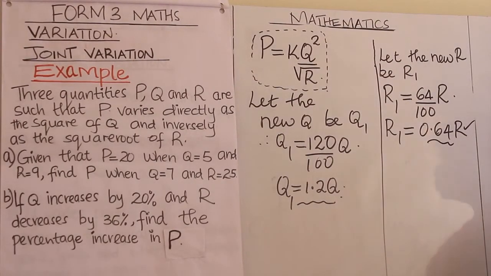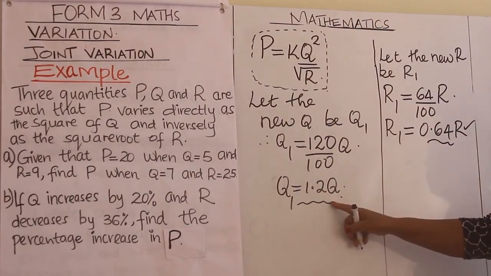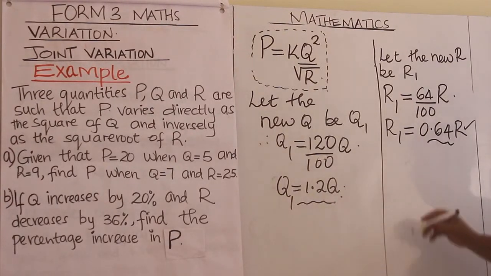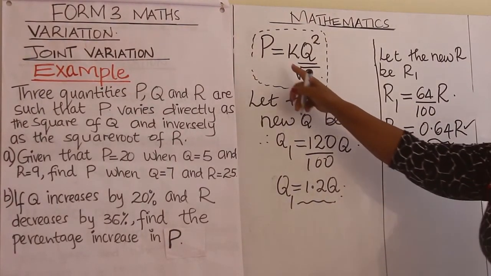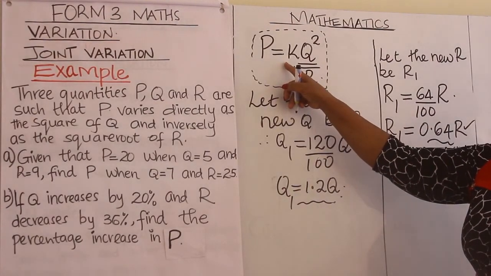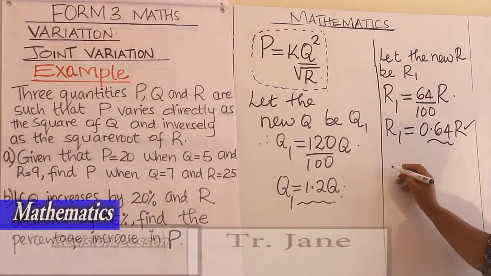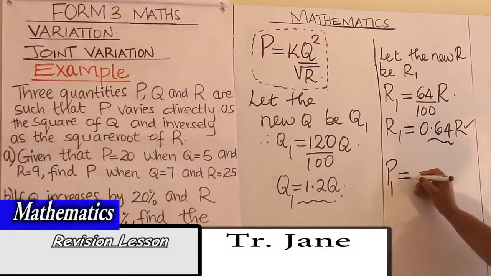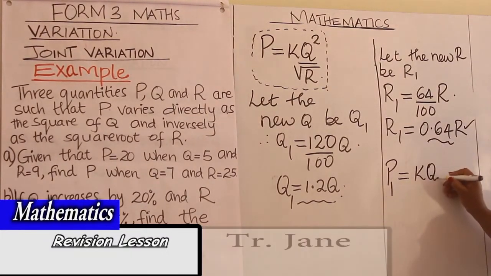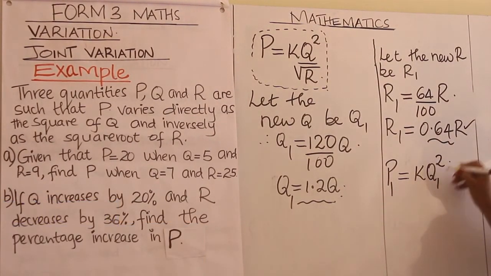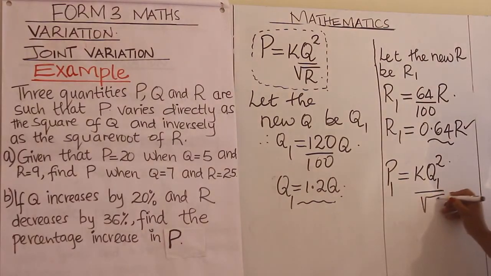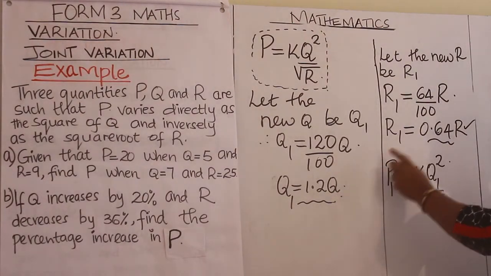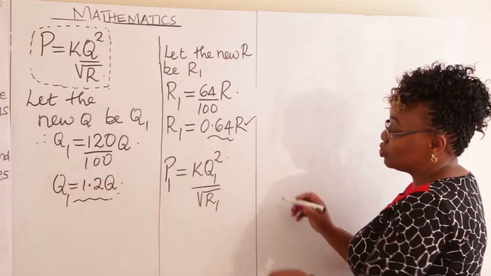Yes? So, after getting these two, it means that if the old relationship was this, the new relationship would be: the new P is equal to K, the new Q squared over the square root of the new R. You come and substitute this and this in this equation.